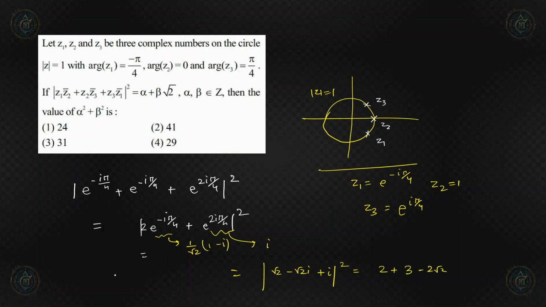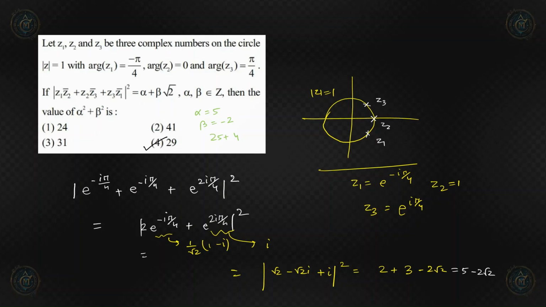So from here we can say this will be equal to 5 minus 2 root 2. Okay, so we can calculate alpha and beta from here. Alpha will be equal to 5 and beta will be equal to minus 2. That means alpha square plus beta square will be equal to 25 plus 4, that means 29 will be the correct answer for this problem.